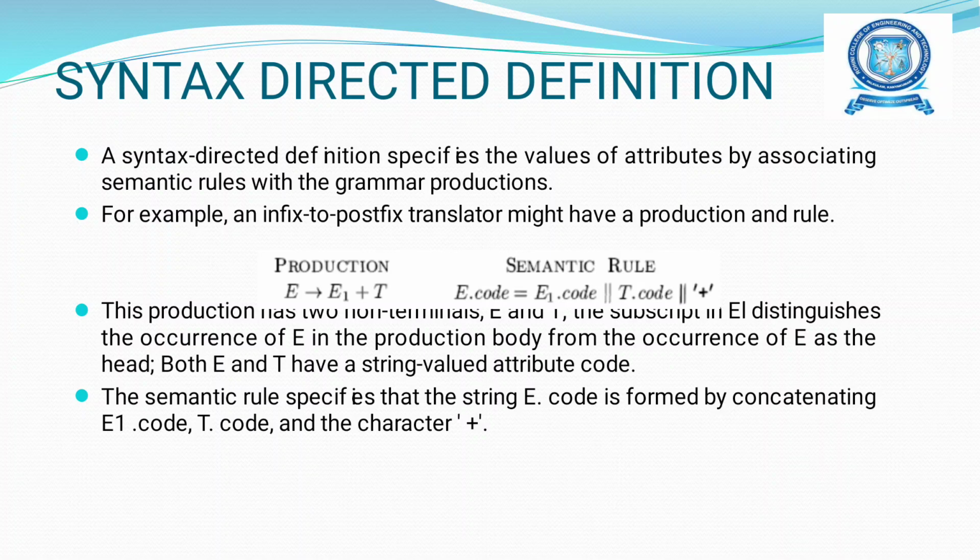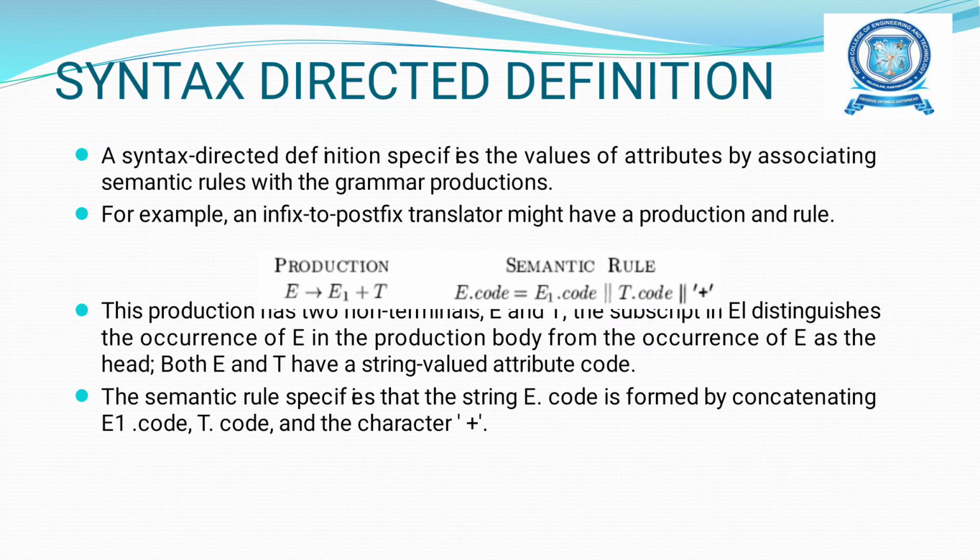So the production is E implies E plus T, where the semantic rule is E dot code is equal to E dot code and T dot code with the operator plus. So this production has two non-terminals, E and T. The subscript on the E distinguishes the occurrence of the E in the production body from the occurrence of the E as the head.